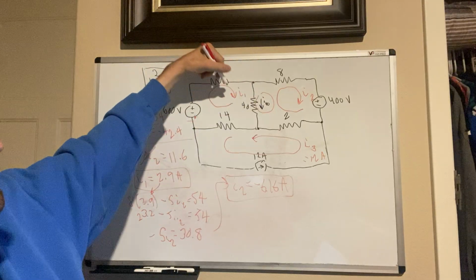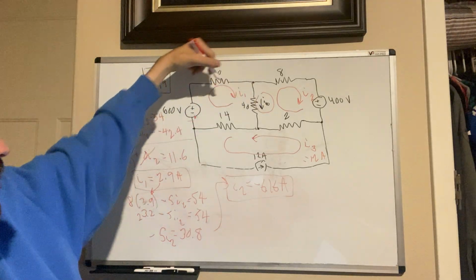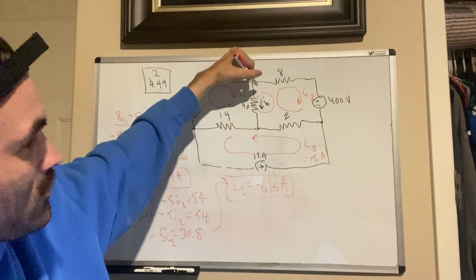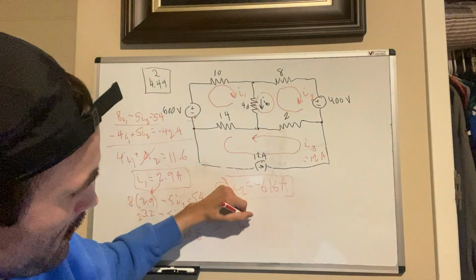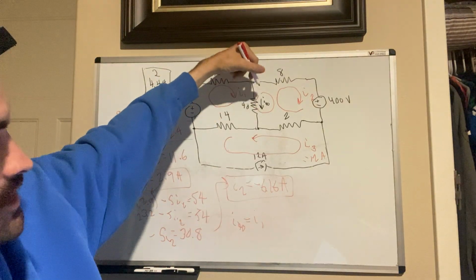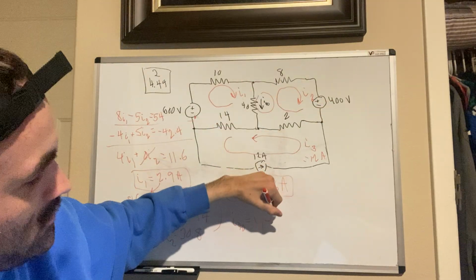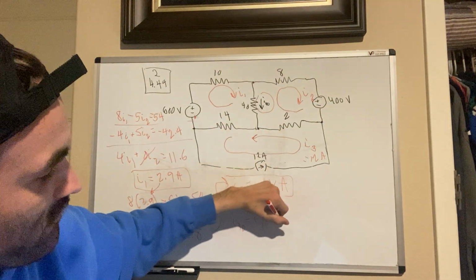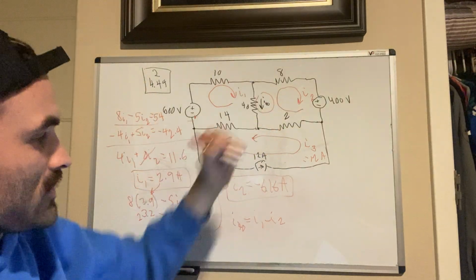So since I1 is in the direction that we've defined, we'll take a positive I1. So we'll call this I40, and I40 is equal to positive I1 because it's going in the same direction as is asked for, minus I2, or plus negative I2, because it's going in the opposite direction.